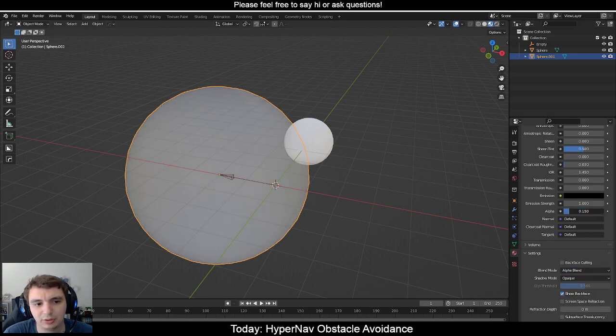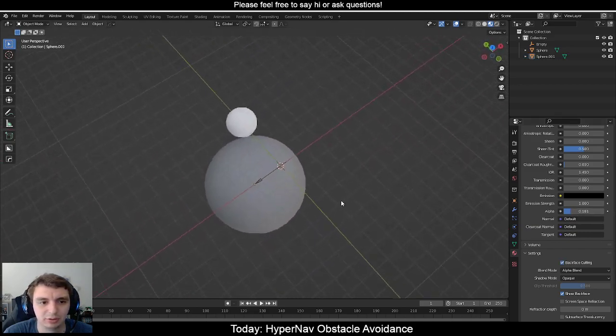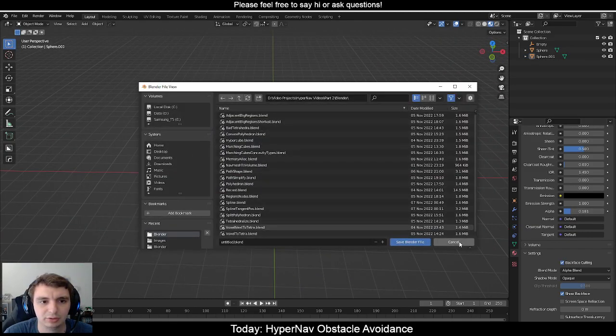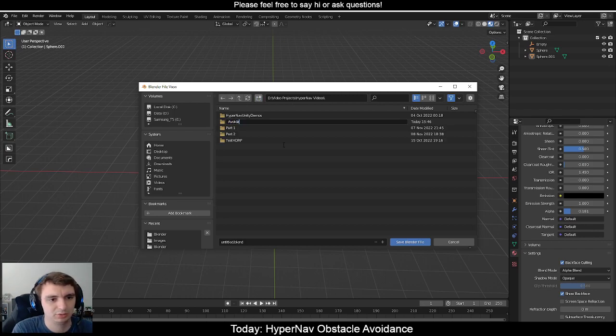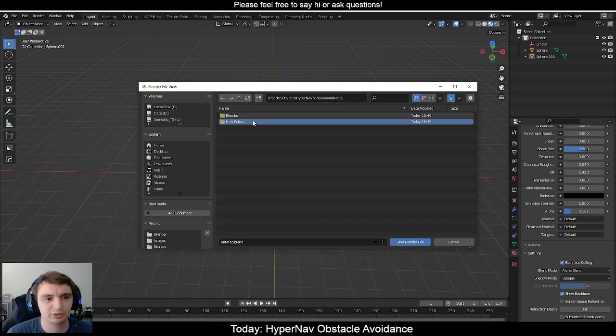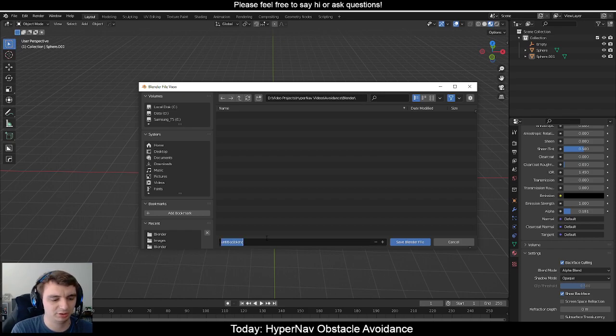And drop that alpha down. Turn on backface culling. Okay, so now this sphere is, yeah, I do want to save this. I'll probably do a video about this at some point in the future, so I'm just going to save it in this videos folder right off the bat.